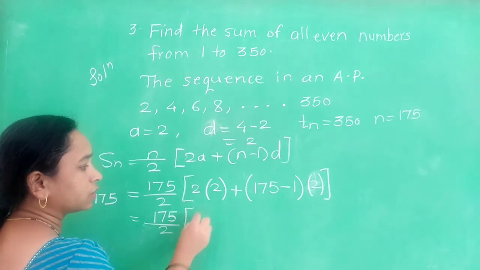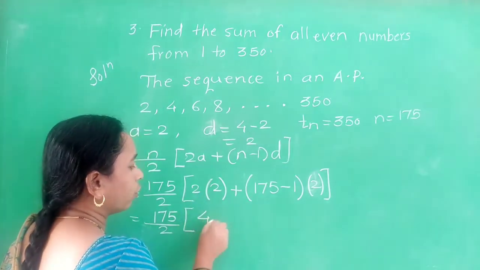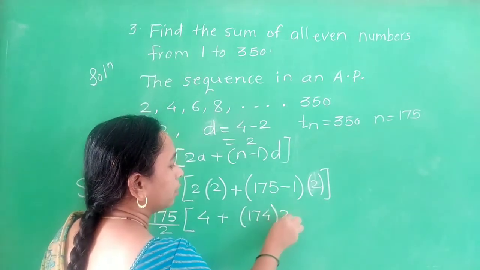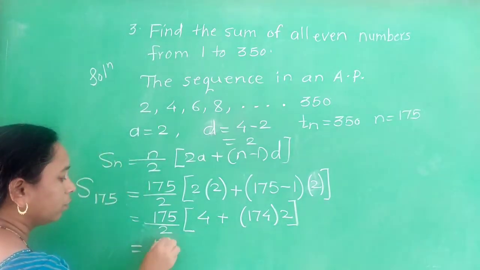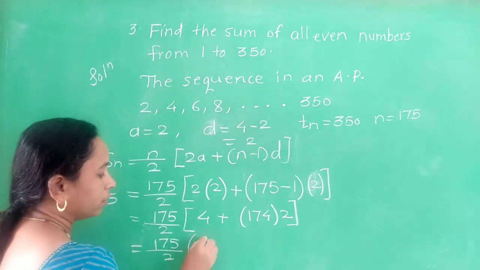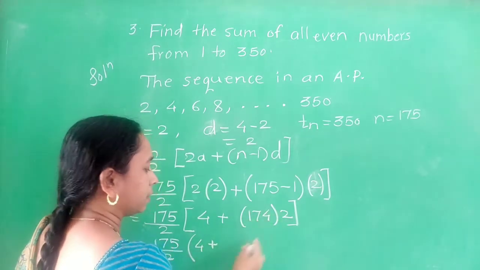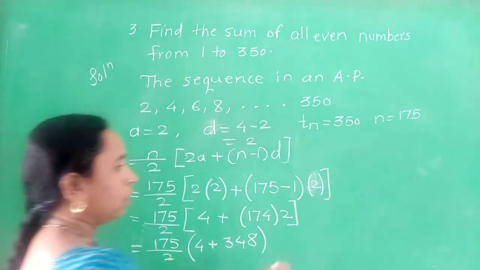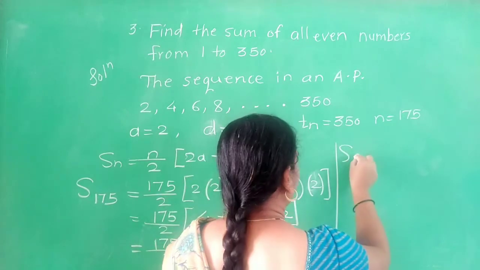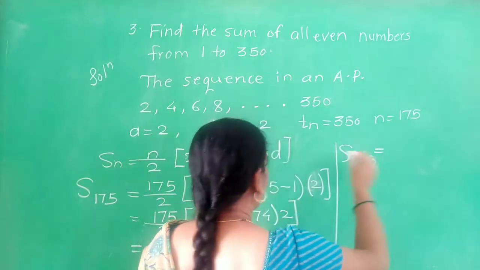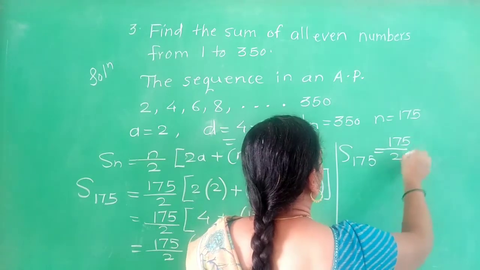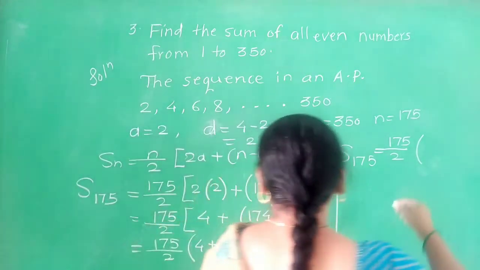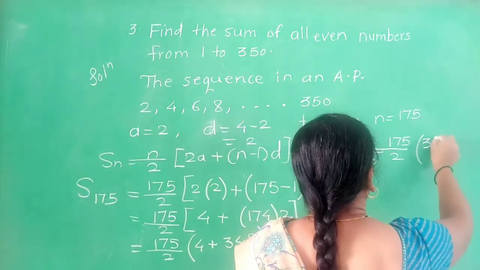175 upon 2 as it is. First we will solve the bracket. 2 twos are 4 plus, subtracting, it is 174 multiplied by 2. To solve this bracket, if you multiply this, you will get the answer 348. Add these two. After adding, S175 is equal to 175 upon 2 into, in the bracket, adding these two, we get 350.